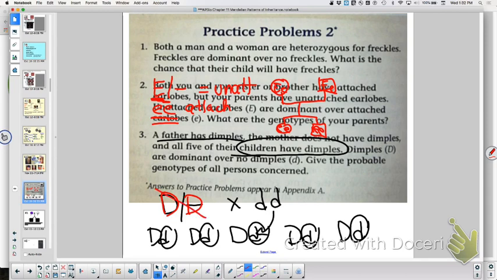But let's say Dad was a heterozygote. What are the odds that he would have 5 dimpled children if he was a heterozygote? Calculate that. Don't do it out loud. Just write it down. So, what were the odds of this first child having dimples? Half. Second child?